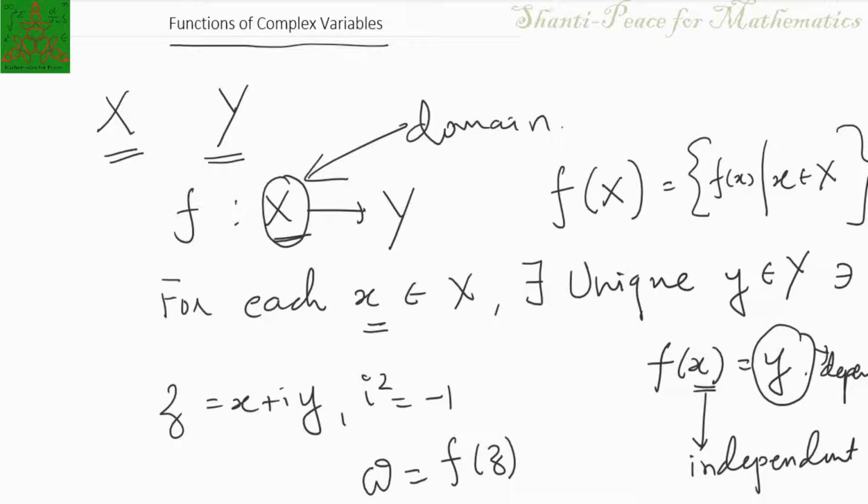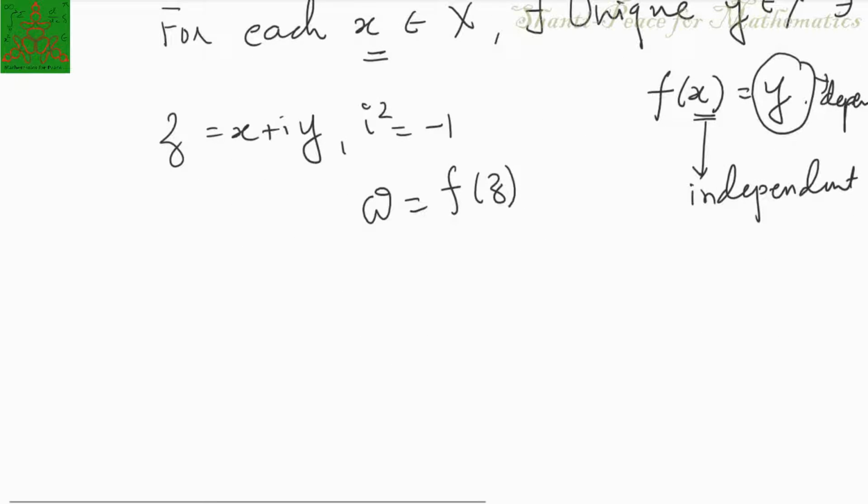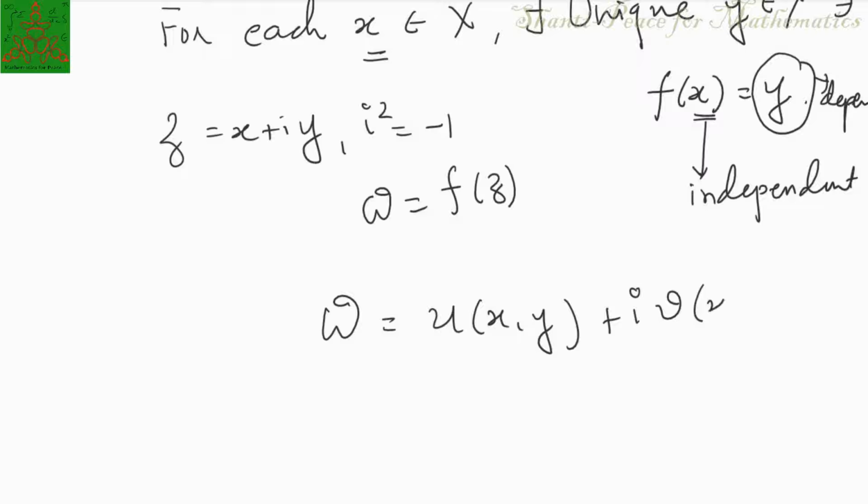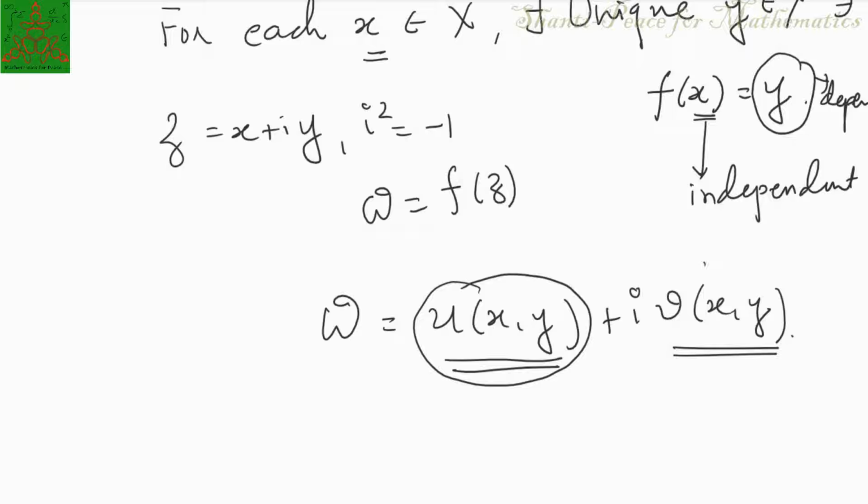In general, the dependent variable w is also a complex number, represented as u of x, y plus i v of x, y, where u of x, y and v of x, y are real valued functions of two variables x and y. u is known as the real part of the function, and v is known as the imaginary part of the function.